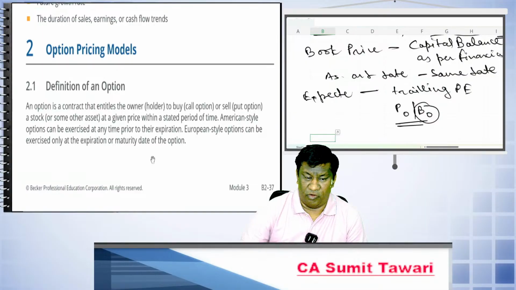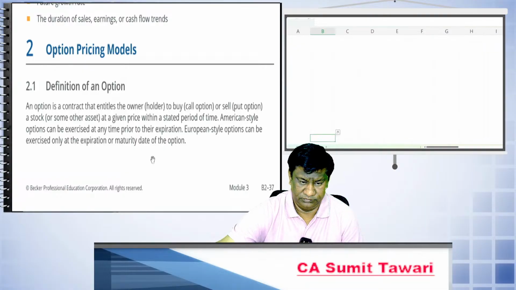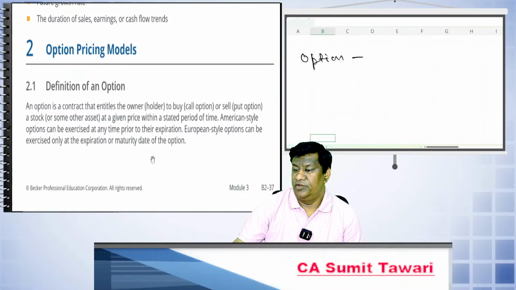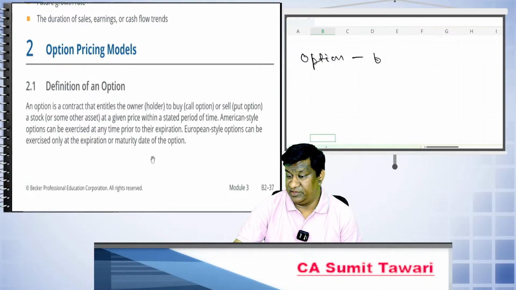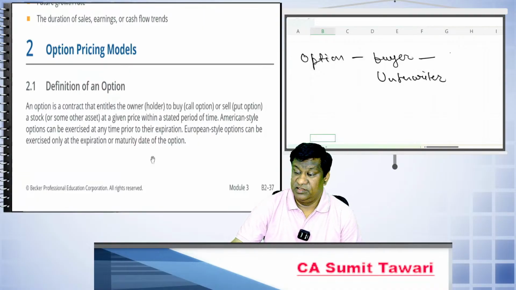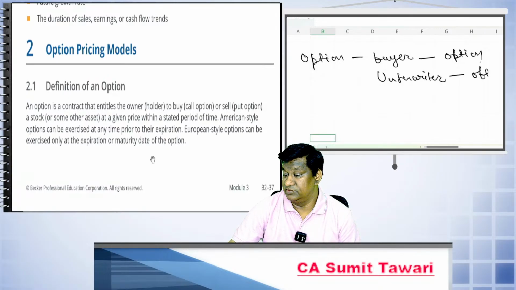Okay. Now the option pricing model. Option is basically, there are two people. One is the buyer and the other is the underwriter. The buyer has an option, and the underwriter is under obligation.